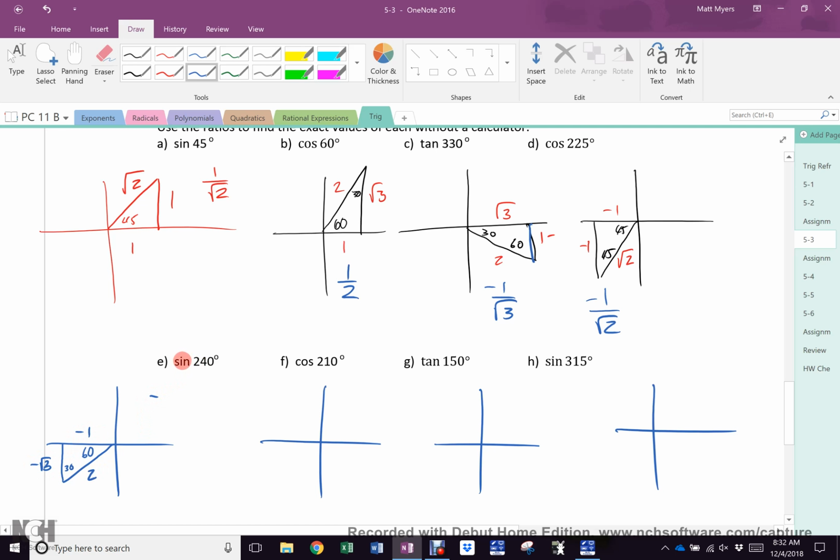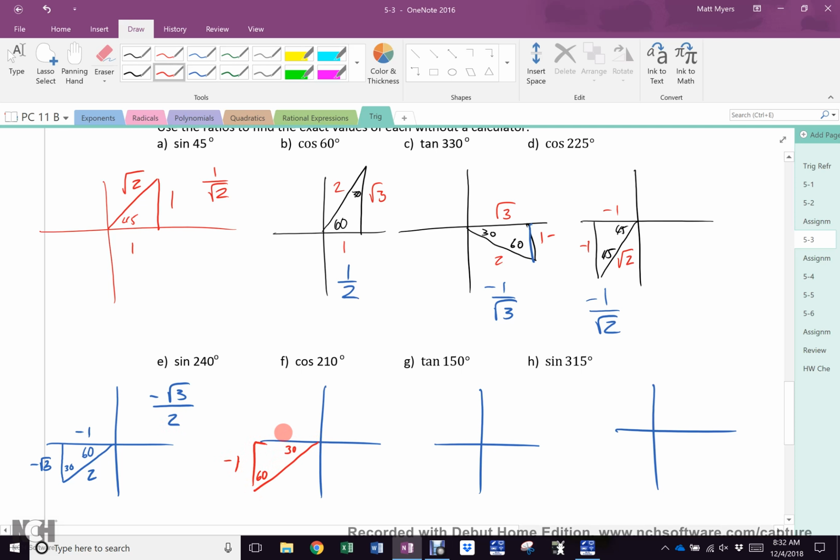Sine, Rena. Root 3 over 2. Where is 210? Third quadrant. What does that automatically make that? 30. What does that automatically make this? 60. What does that automatically make this?